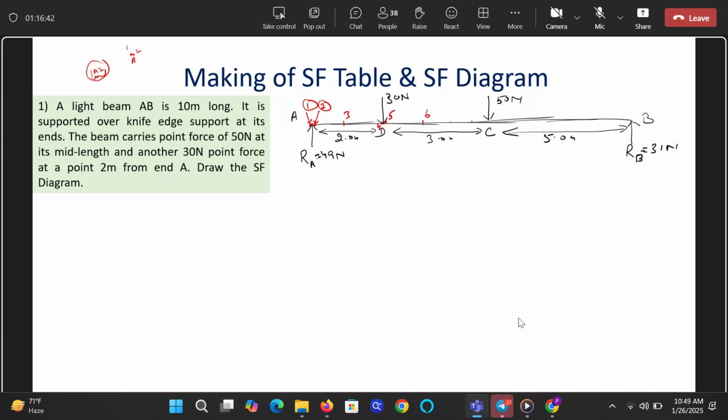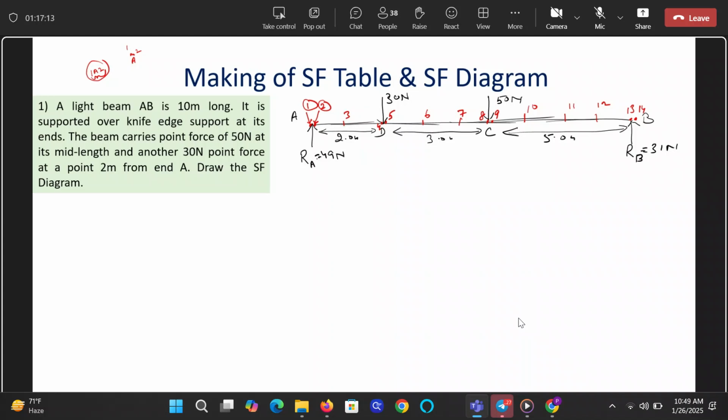Then I'm taking point 6, point 7, point 8 just to the left of C, and point 9 just to the right of C. Then I have 10, 11, 12. I have 13 just to the left of B, and 14 just to the right of B. That means 13, B, and 14 are 3 adjacent points, and there is no point in between these 3 now.